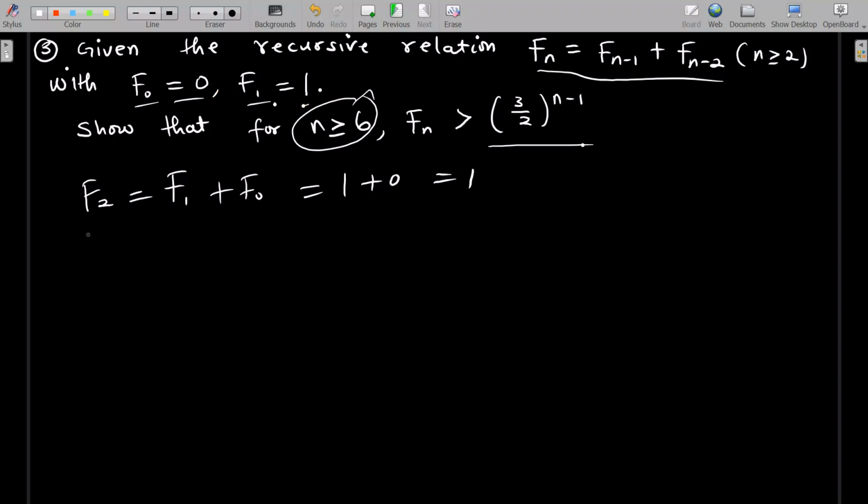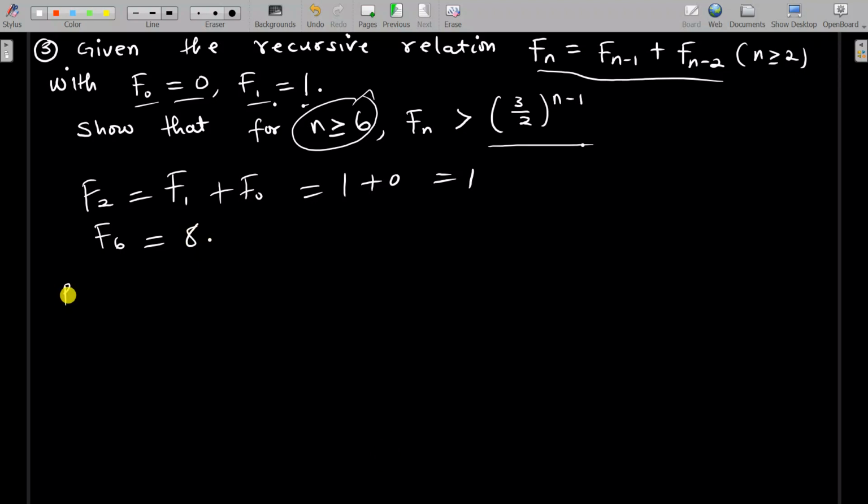Now continue everything. We have f3 to be equal to 2. Actually what we are interested in is f6, so I'm going to write f6 here. So f6, if you have to do for f3, f4, f5, and use those things to get f6. Now if you calculate, f6 is going to be 8.